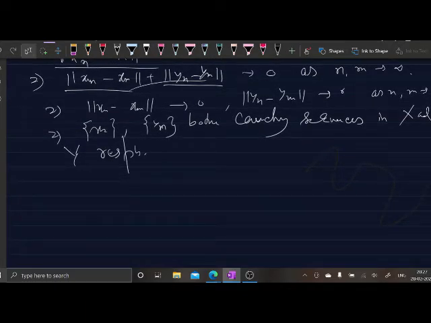But you have already assumed that X and Y are two Banach spaces.